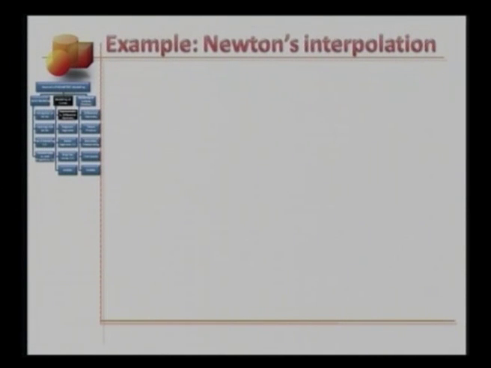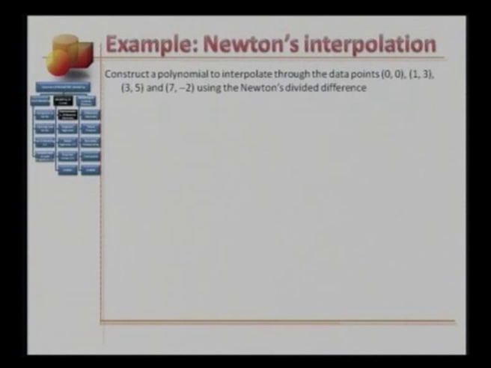Let's consider an example. We need to construct a polynomial to interpolate through the data points 0, 0, 1, 3, 3, 5, and 7, minus 2, using the Newton's divided difference method. Let me show you an alternative, very easy technique to compute the coefficients.